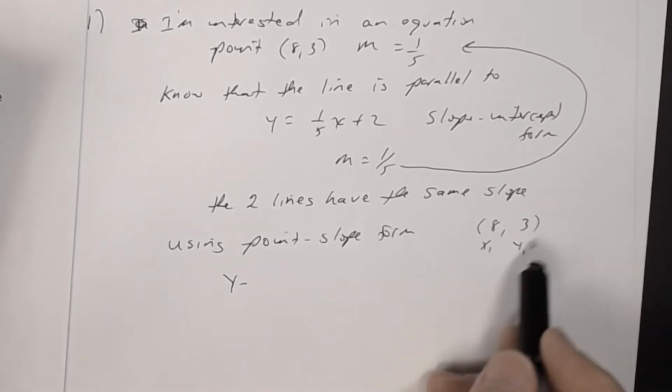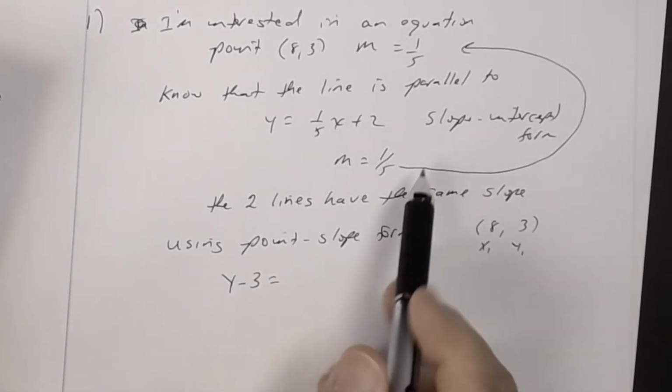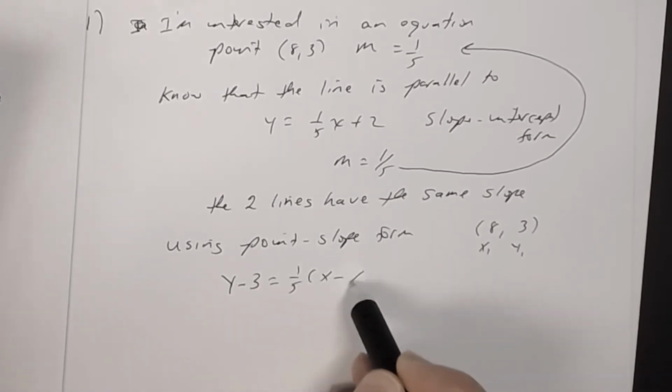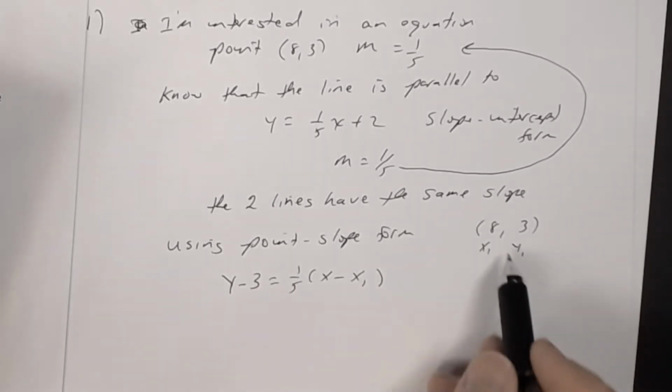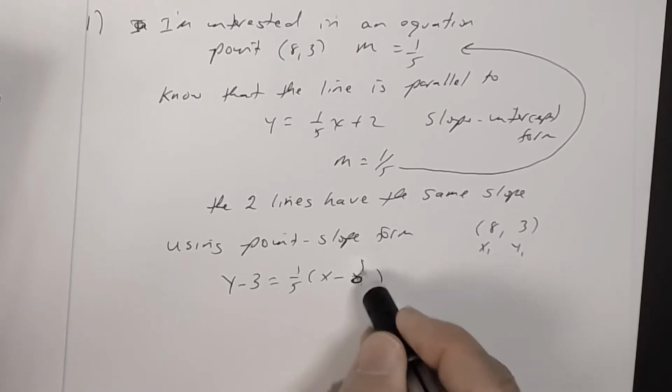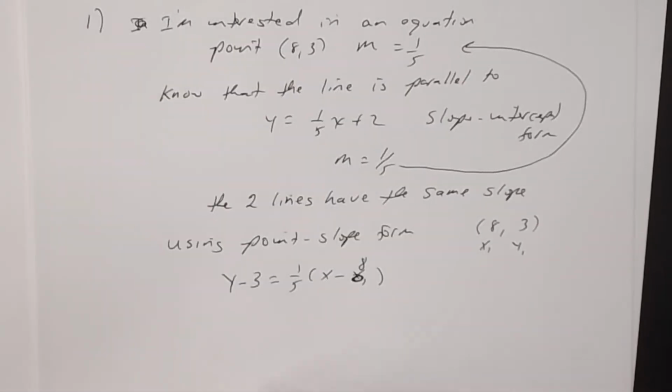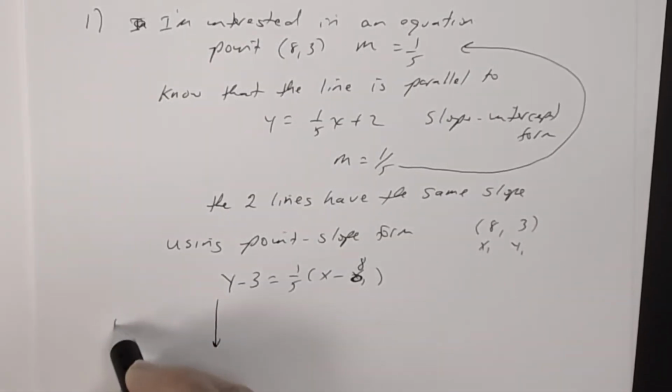So y minus y1 equals the slope, which is 1/5, times x minus x1. Sorry, x1 is 8. So x minus 8. Now that's point slope form, right? But the directions said to write it in slope-intercept form. So now we're going to write this in slope-intercept form.